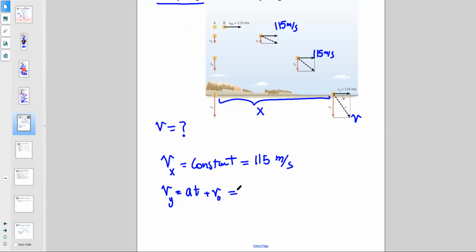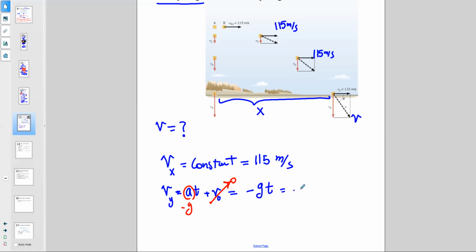Initially, it was launched with 0 velocity along the y direction. And a is just negative g, so this is negative g times t.